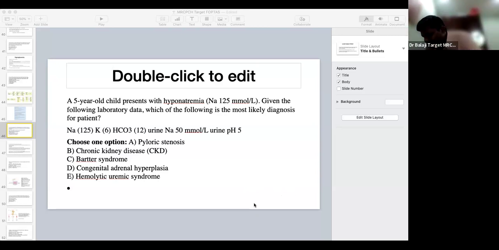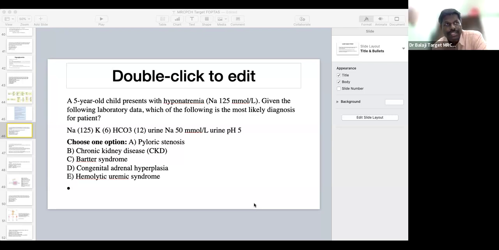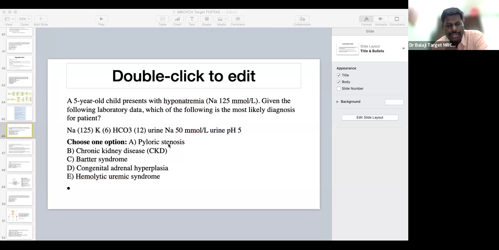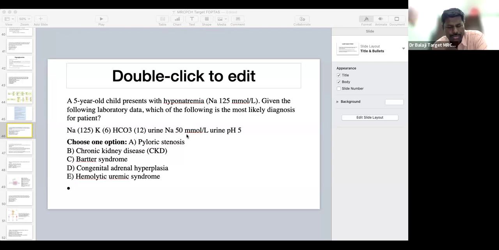Hyponatremia occurs because there is salt wasting, the reabsorption is not occurring properly. It is a salt-wasting phenomenon due to mineralocorticoid and cortisol deficiencies. So the sodium will become low, and it is getting wasted through the urine. That's why urinary sodium is 50 and above.